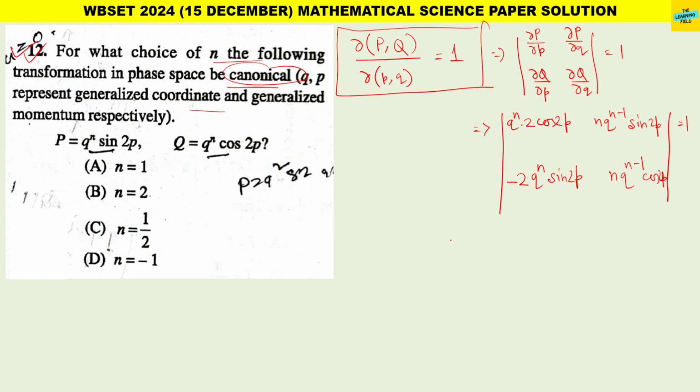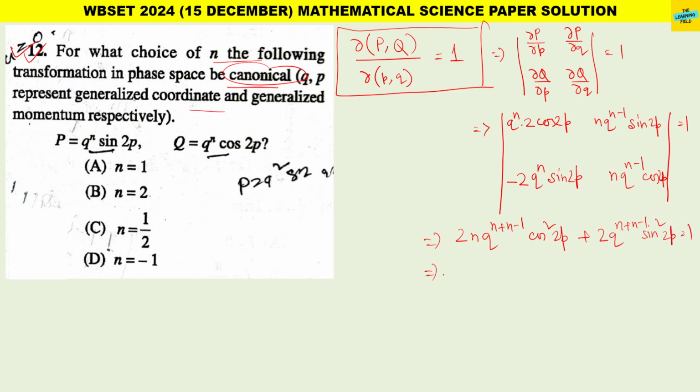Now if we expand this determinant, what happens? The product gives 2n q^(n+n-1) cos² 2p plus 2n q^(n+n-1) sin² 2p, and this is equal to 1.